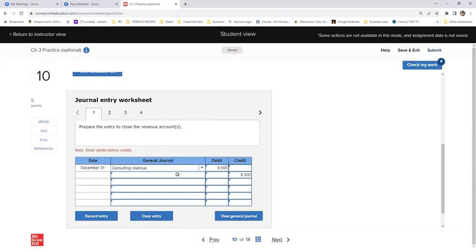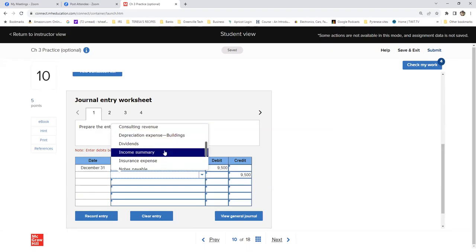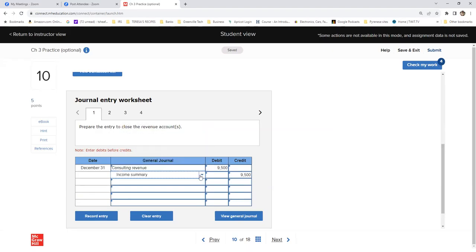Okay. And then we're going to credit income summary. That just moved consulting revenue over to the income summary account. So now consulting revenue is 0 going into next year or the next accounting period. All right. That money's now parked in income summary.